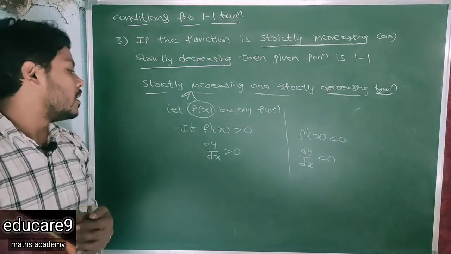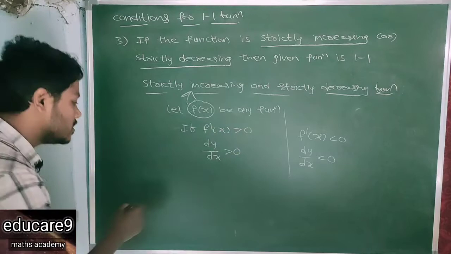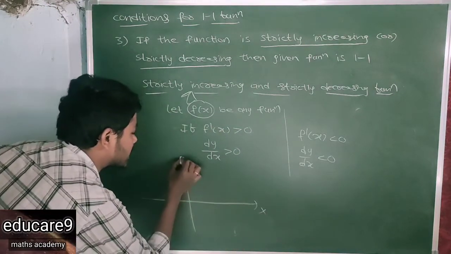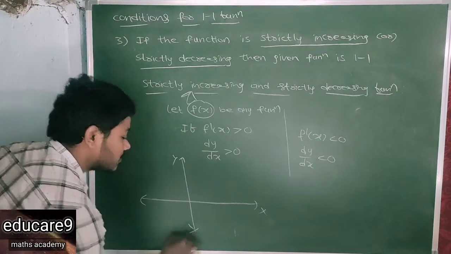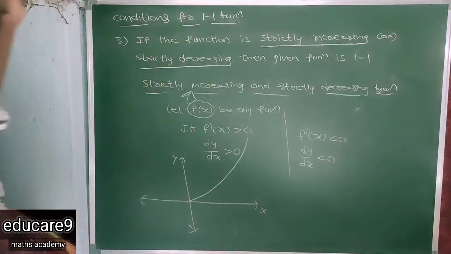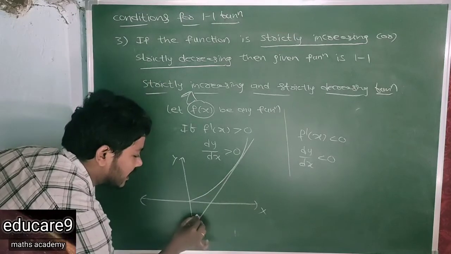See here, the first derivative is greater than 0. Why? Because see here, this is the x-axis, y-axis. So clearly this is strictly increasing. Now for this you have to draw the tangent line.